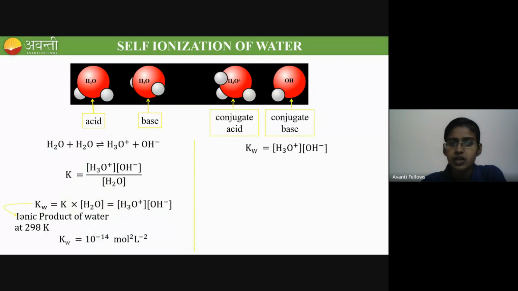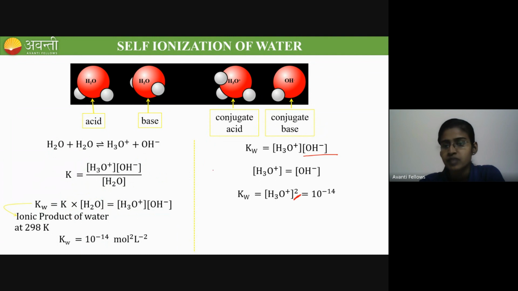Now this ionic product of water Kw is equal to the concentration of H3O plus and OH minus. Since the concentrations of these 2 ions are going to be the same here, I can substitute H3O plus in place of OH minus. So I will have H3O plus whole squared, and it is equal to 10 power minus 14.